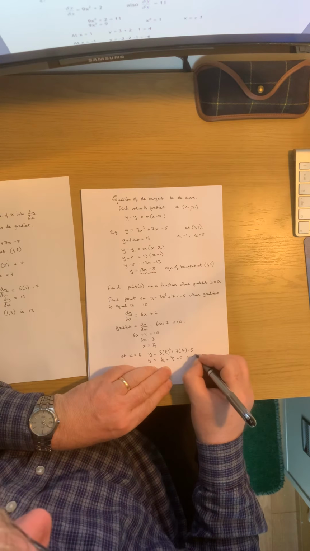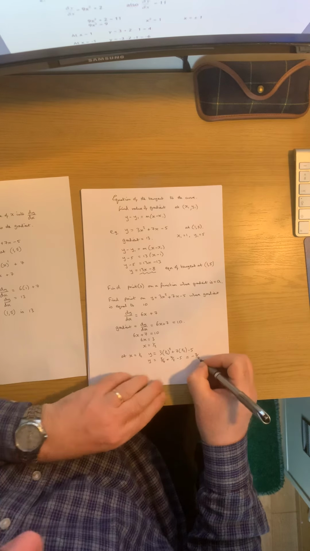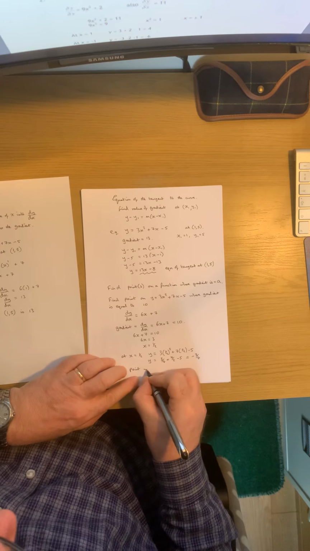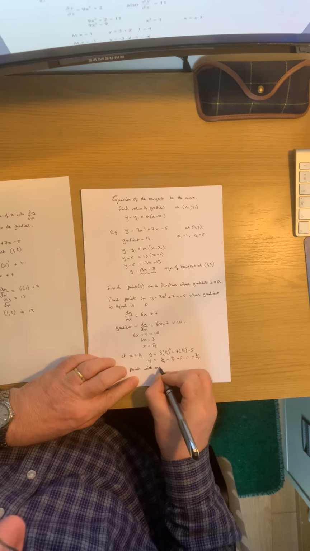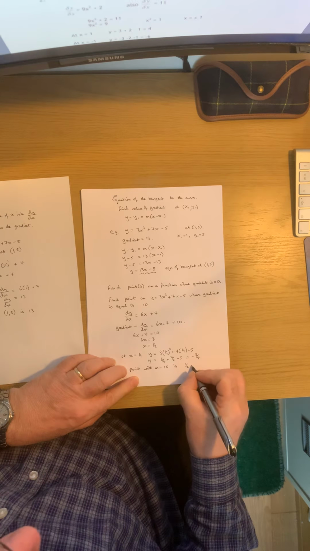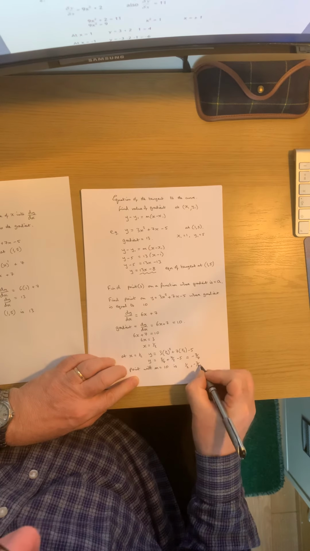So minus 3/4. So the point with m equals 10 is a half, minus 3/4.